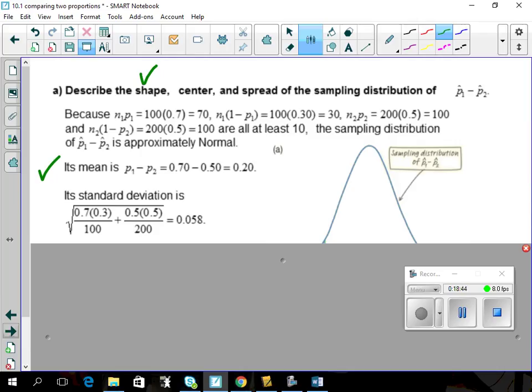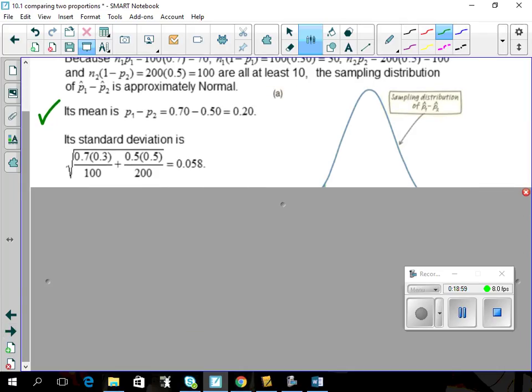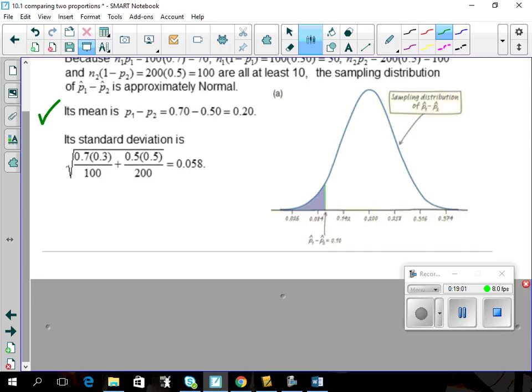It's a matter of just plugging it in. Are we okay so far? Any questions so far? All right. Good. So we have our shape, our center, and our spread.